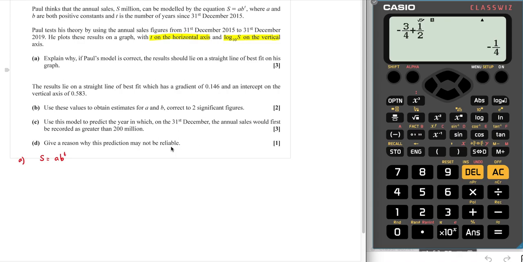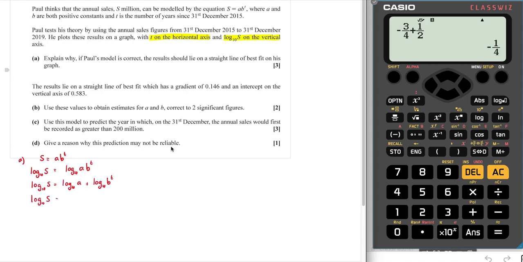So let's take log 10s. So log 10 S is log 10 of A, B to the T. We then need to split the right hand side up with our log laws. So log 10 S is log 10 of A plus log 10 of B to the T, and one last step.